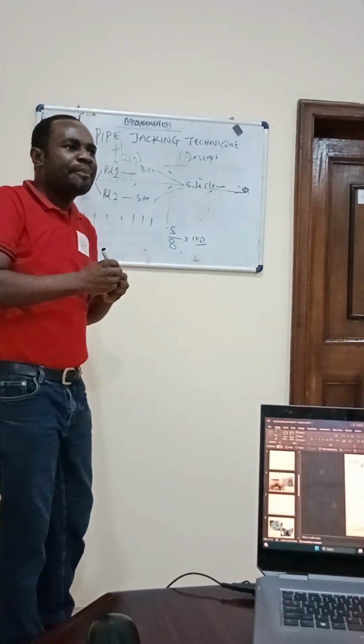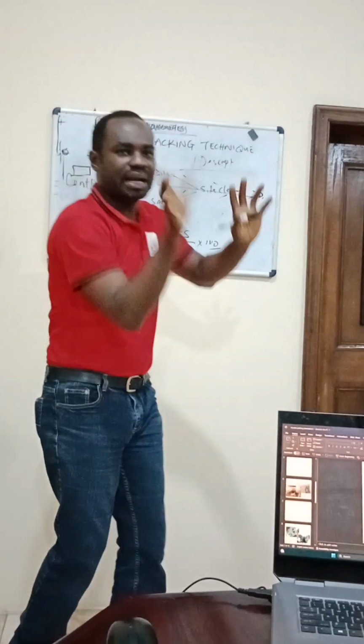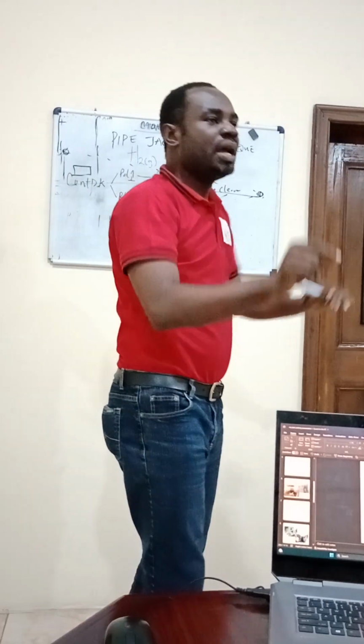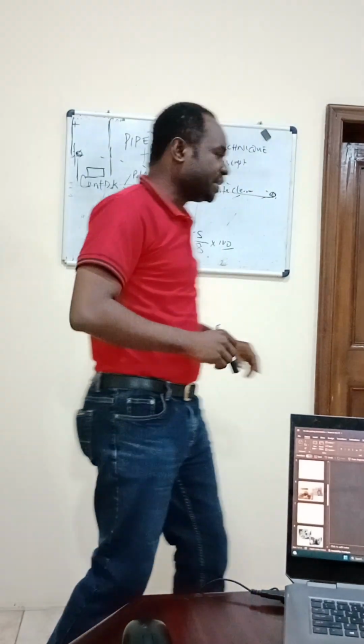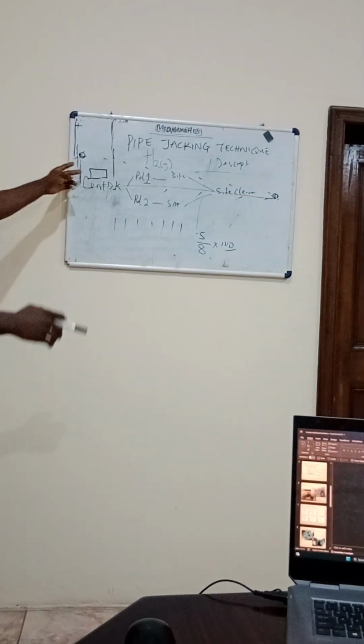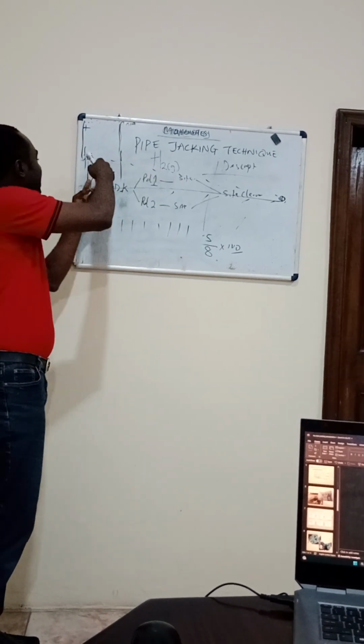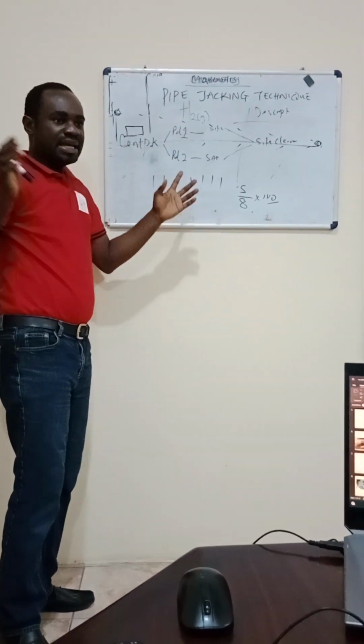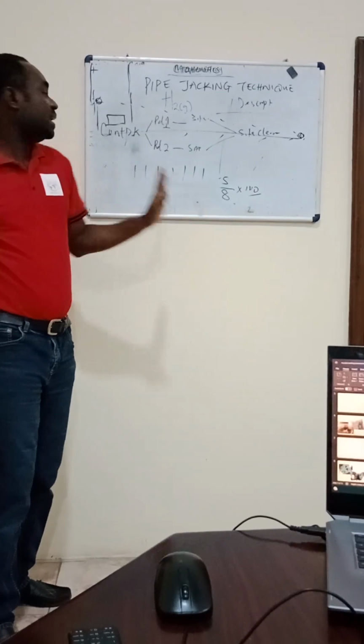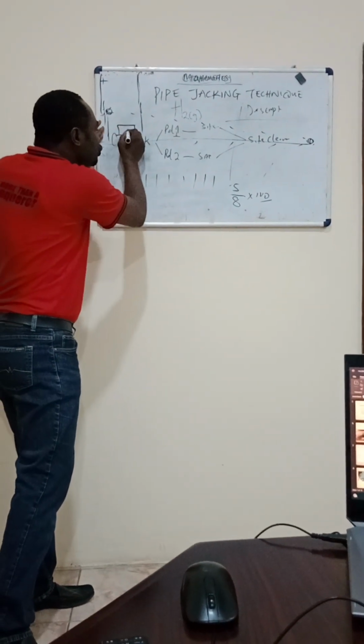So even after the machine has created that space to move, you still need fluid to lubricate it; without that fluid the thing will not move. One of the fluids that is very important in this is called bentonite. Very important, bentonite. So there is a cable for fluid, a cable for air, and a cable for light. Most importantly, they are connected before this thing will start being pushed inside.